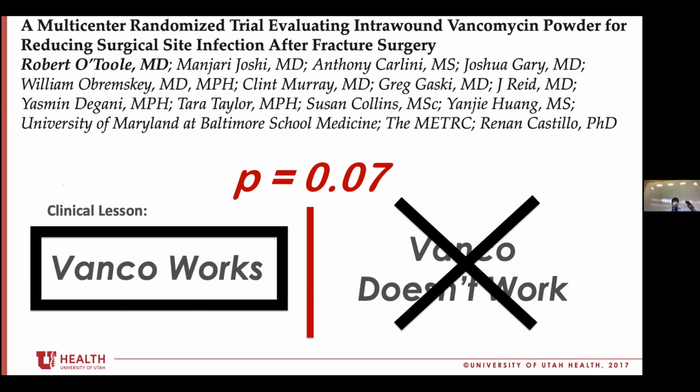And that in this clinical trial, there's biological plausibility as to why there would be less infection when vancomycin powder is applied to wounds. And because vancomycin powder is cheap, and because the local application of vancomycin powder has minimal clinical downside, for me, vancomycin powder is a winner and you should be putting it in your wounds, at least in periarticular tibia fractures.